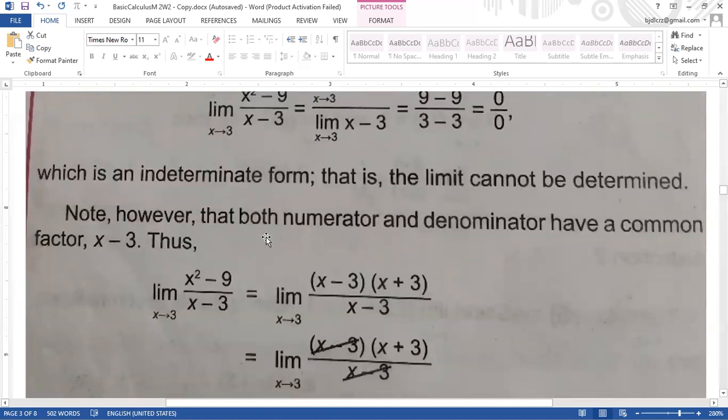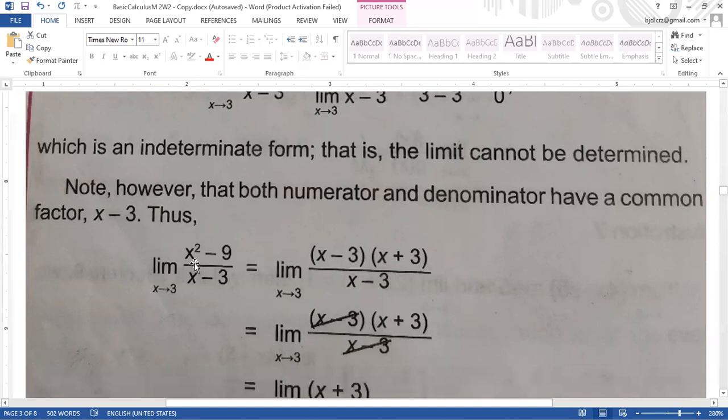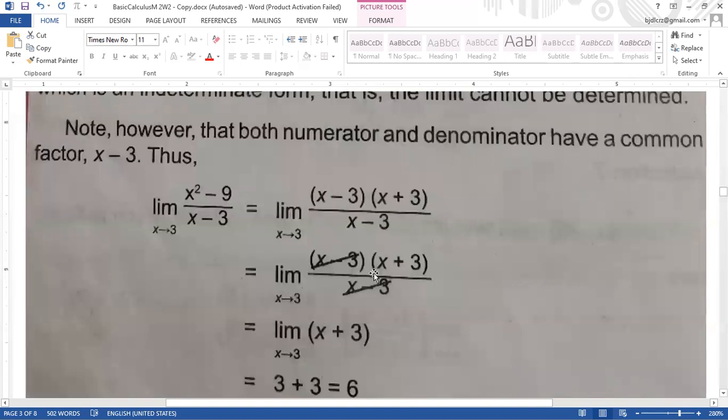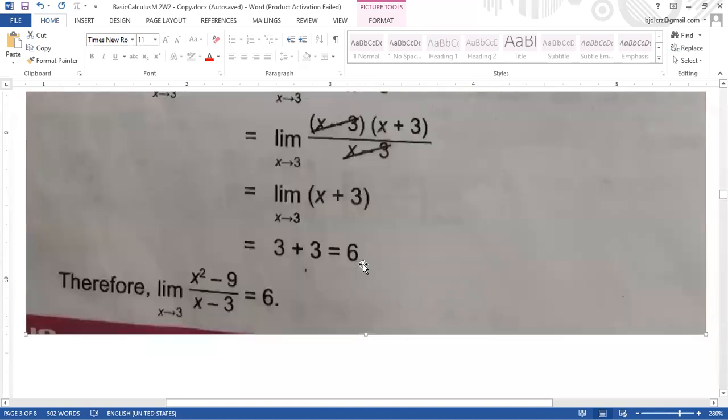We can factor x squared minus 9 as x minus 3 times x plus 3. So we can cancel them in the numerator and denominator. So x minus 3 and x minus 3 cancel, and that's why we have x plus 3.